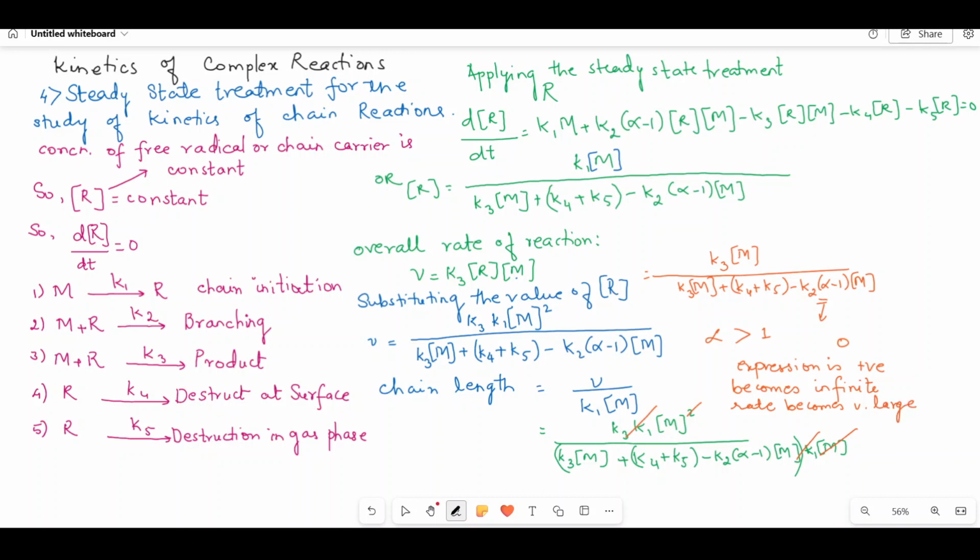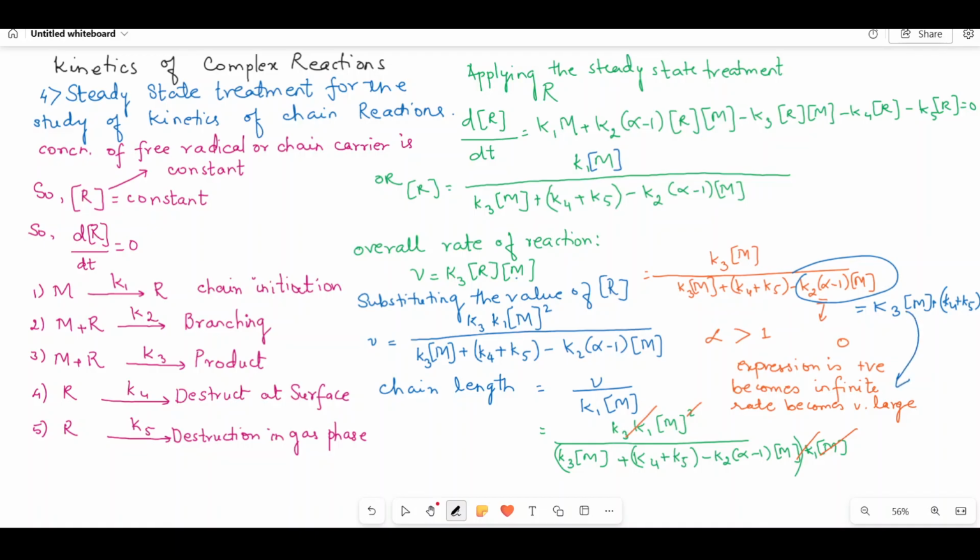So when K2 alpha minus 1 concentration of M becomes equal to K3M plus K4, K5, when these two terms become equal, the rate becomes very, very large.